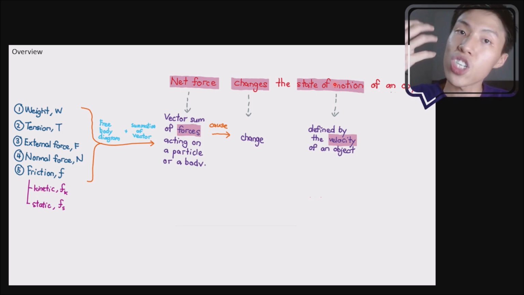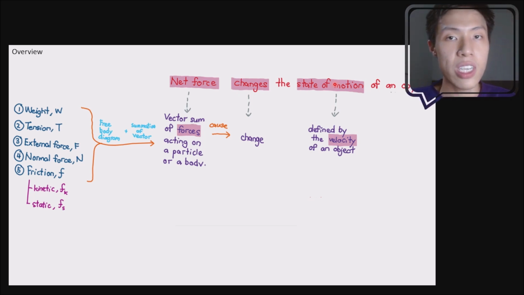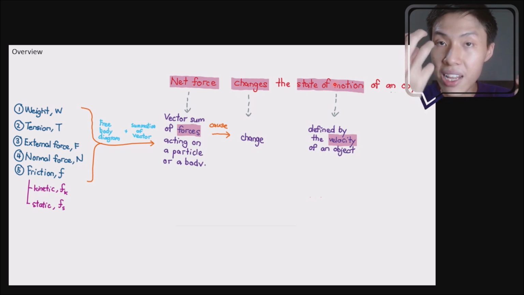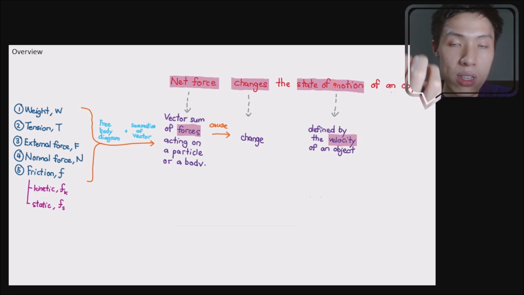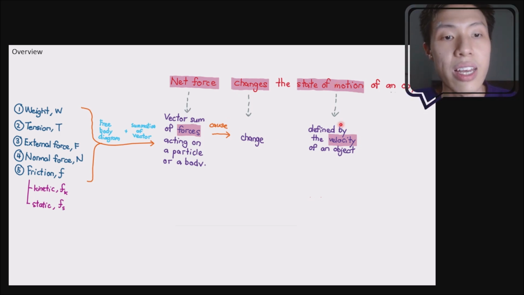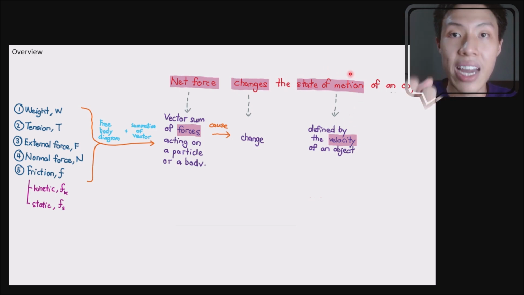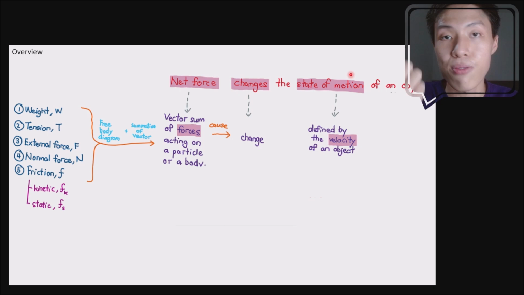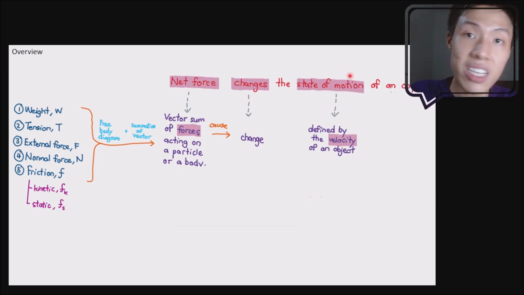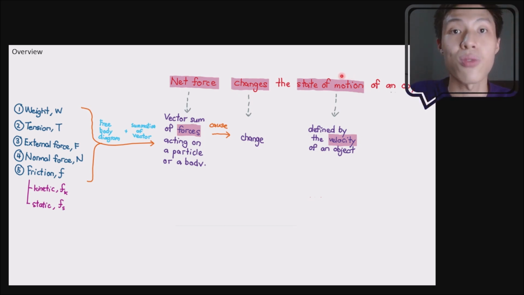So it's either a change to the magnitude of the velocity or a change to the direction of the velocity. If the magnitude or the direction of the velocity changes, then the state of motion changes, because it's not in the same kind of motion anymore. Before that it is 5 meters per second to the right, later it's not 5 meters per second to the right. So we call it a change in the state of motion.